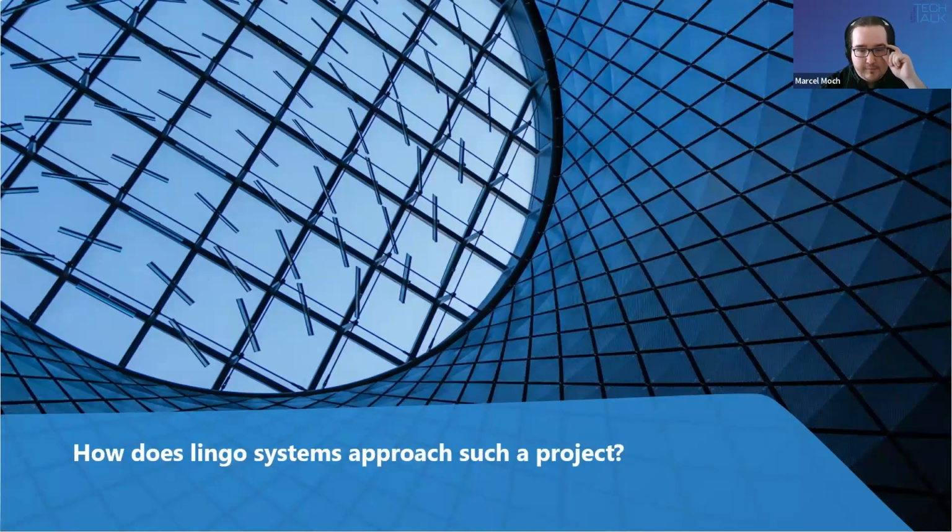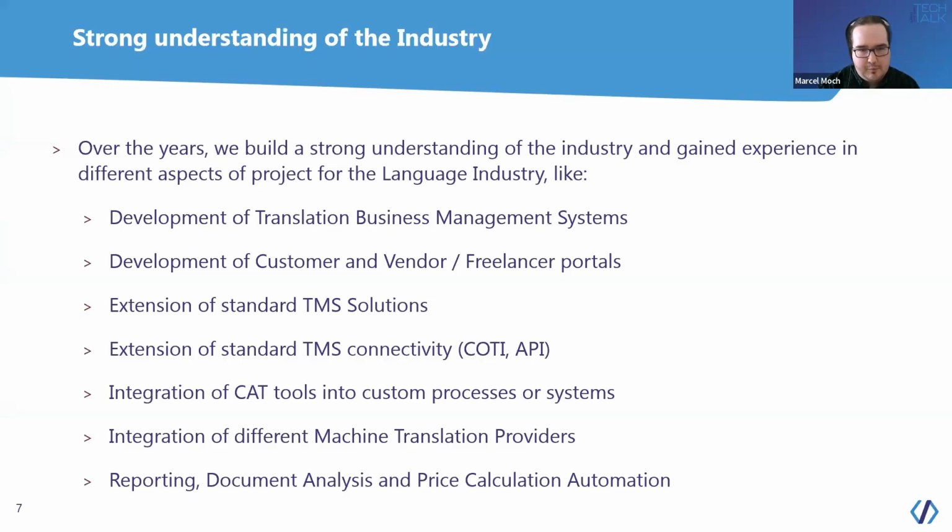So I'd like to talk about how we approach such projects in order to avoid those pitfalls and those projects that have very, very high costs and are not going to be worked on.